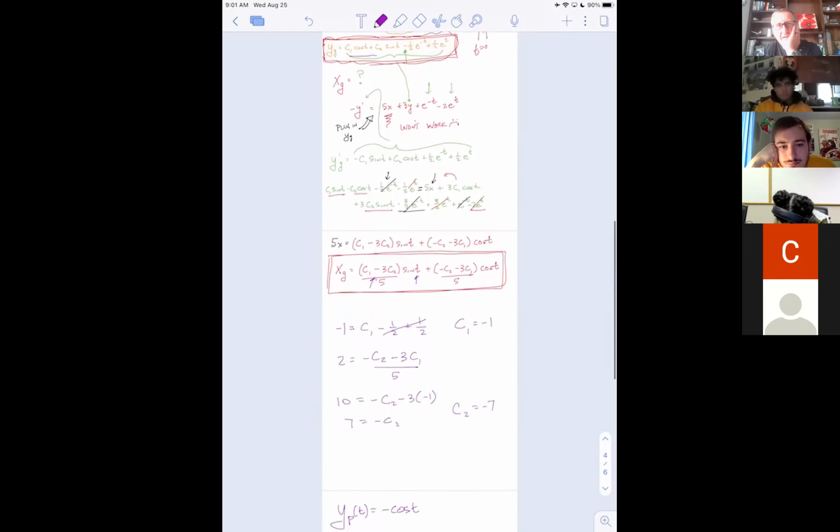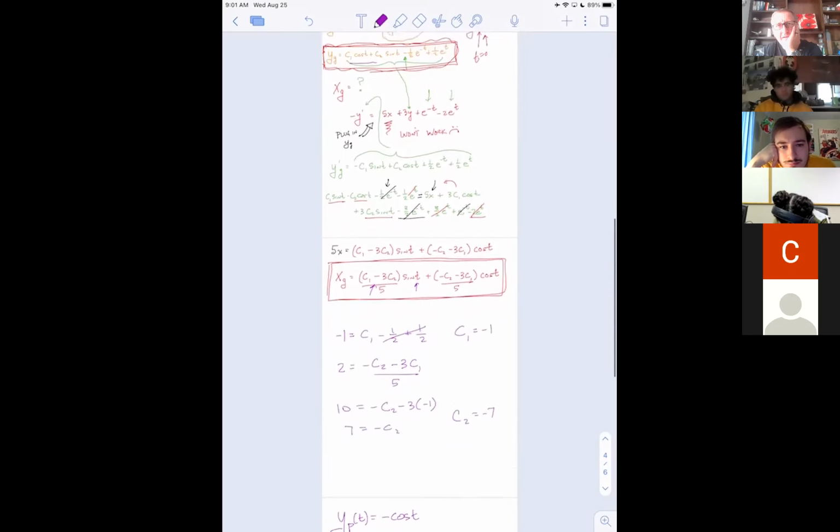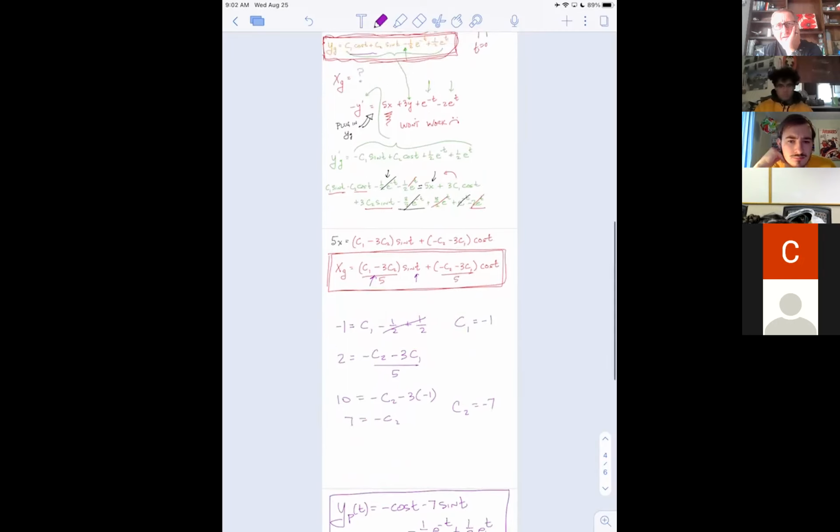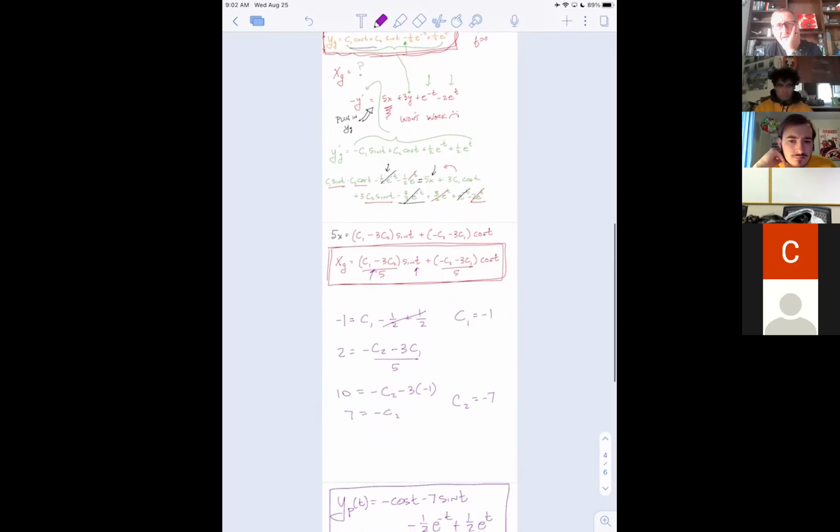And C2 is -7, so that's -7 sine of t. And everything else just comes along for the ride, -0.5. So barring any mistakes, that's true.